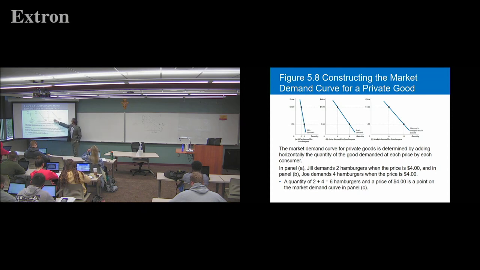We add those together. At the price of $1.50, this market, if it's just the two of them, will demand 11, 8 plus 3. Likewise, at the price of $4, Jill's going to want 2 hamburgers and Joe's going to want 4. Add 2 and 4 together, we get 6. So at the price of $4 for the market, we end up with 6. Very simple, just adding together how much the participants in this market are willing to buy.